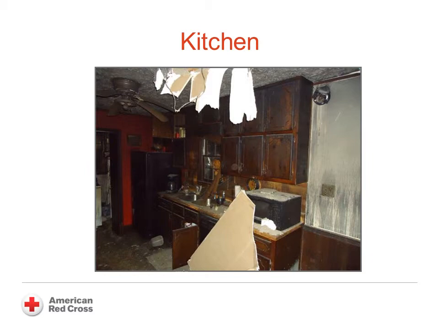Obviously, this kitchen has a significant amount of soot damage. They've got the heat damage, the overhaul. So this food is likely going to be destroyed. Particularly also when you're looking at the refrigerator. Now, the refrigerator obviously, food within the refrigerator can stay cold for several hours after the loss of power.